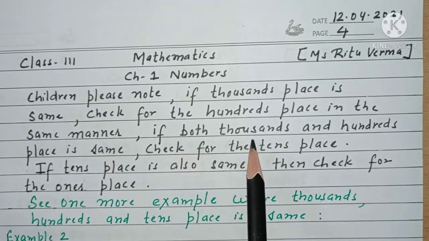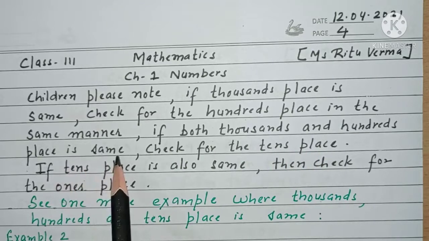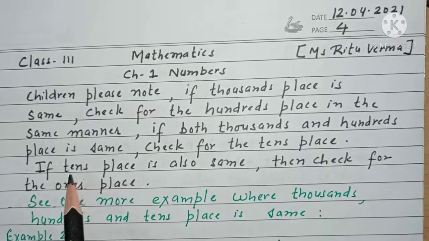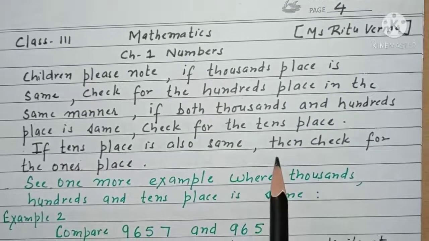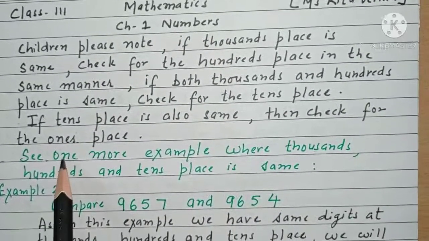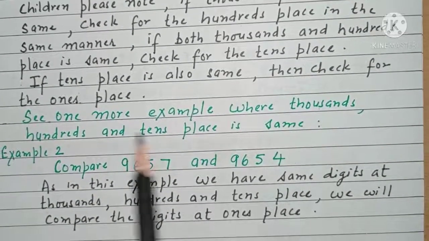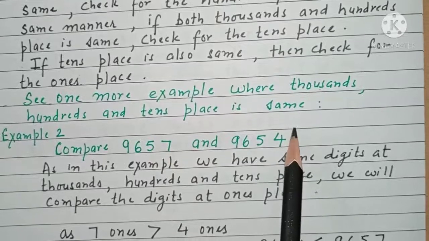If both thousands and hundreds place is same, check for the tens place. And if tens place is also same, then check for the ones place. Let us see one more example where thousands, hundreds and tens places are the same.